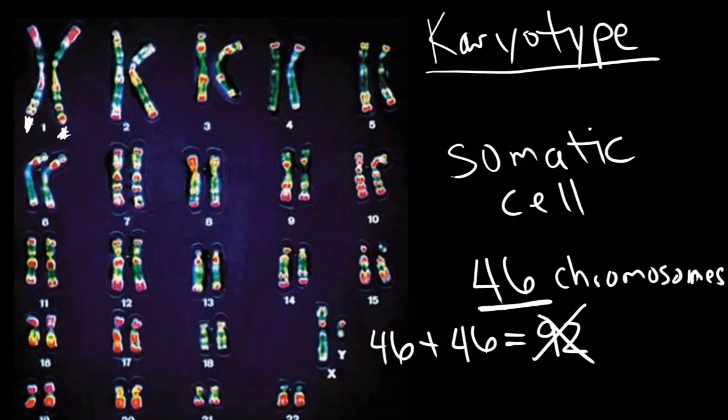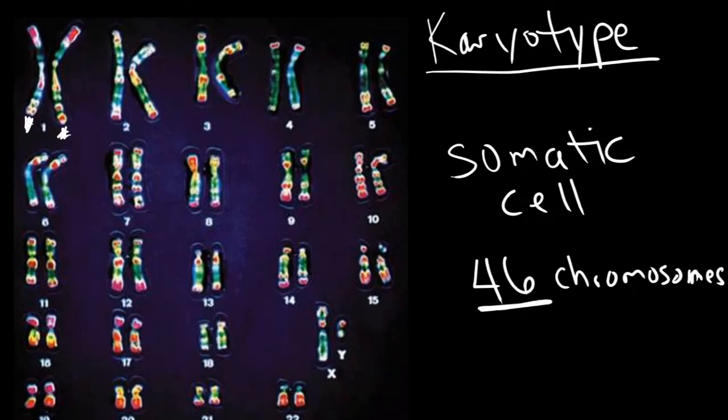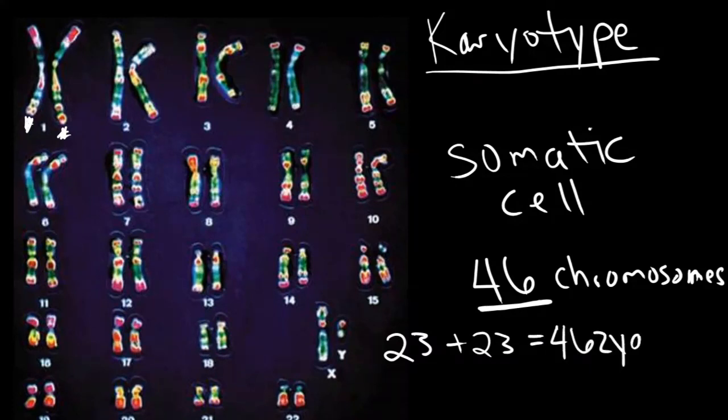That would not result in a viable offspring. So through the process of meiosis, which we'll detail in the next video, the number of chromosomes is cut in half to 23 in the sperm, and in the females it's cut in half to 23 in the eggs, so that you end up with a total of 46 in the resulting zygote, the new human. And so the next video is going to be all about that process.